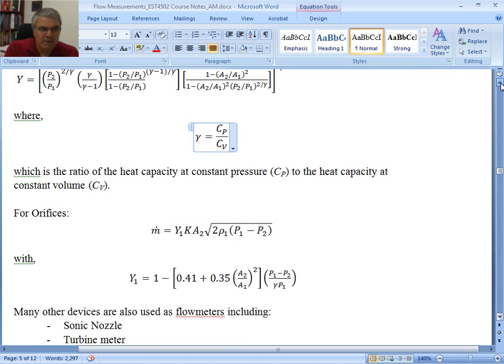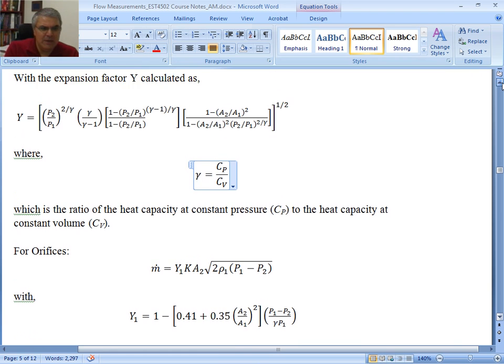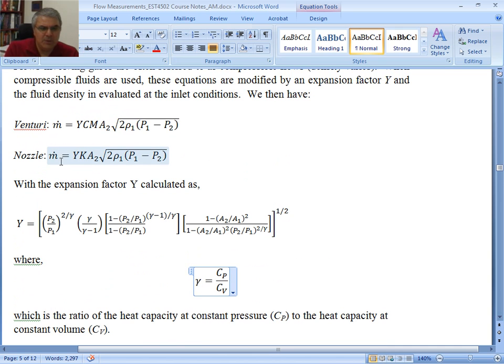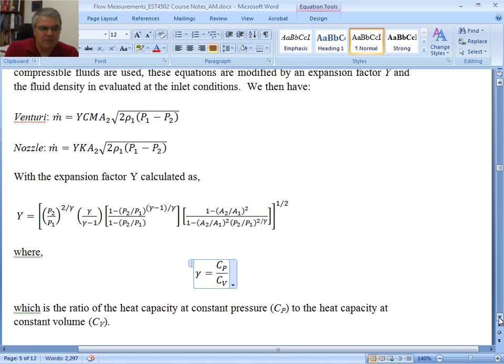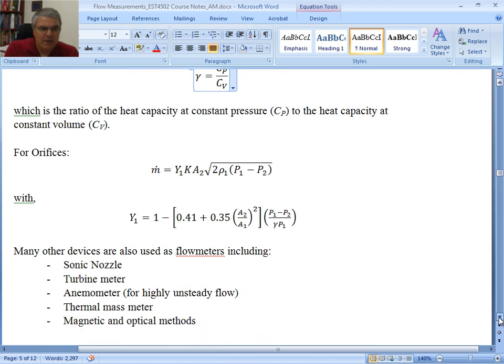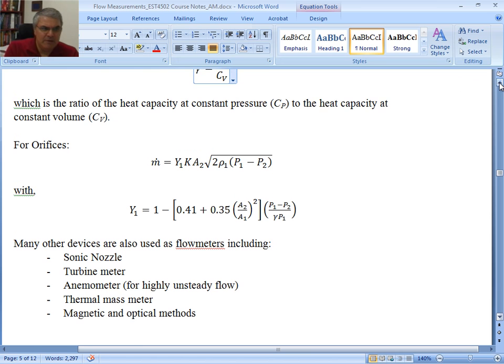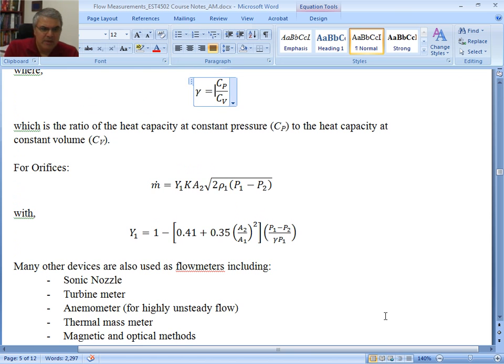Y1 would be a little bit different than Y, so instead of calculating a Y here as for Venturi and nozzle, we're using a Y1. So the only difference here would be Y1, and Y1 is calculated the way you can see it. Again, in this equation, everything is known: P sub 1, P sub 2, A sub 2, A sub 1, and gamma, which I just discussed, C sub P divided by C sub V.